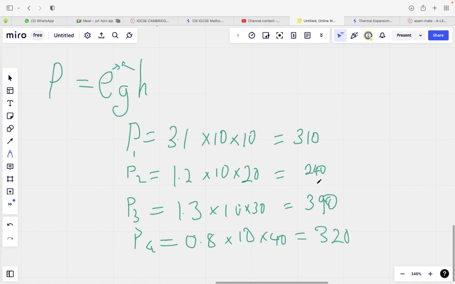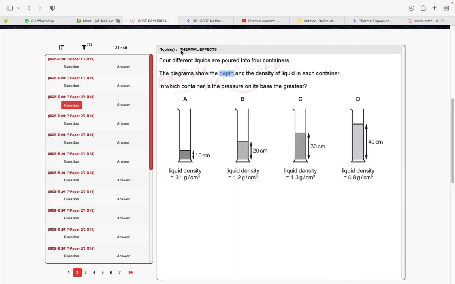So which one has the greatest pressure? 390 is the greatest. That's the third one. The third one has the greatest pressure. This one, C.